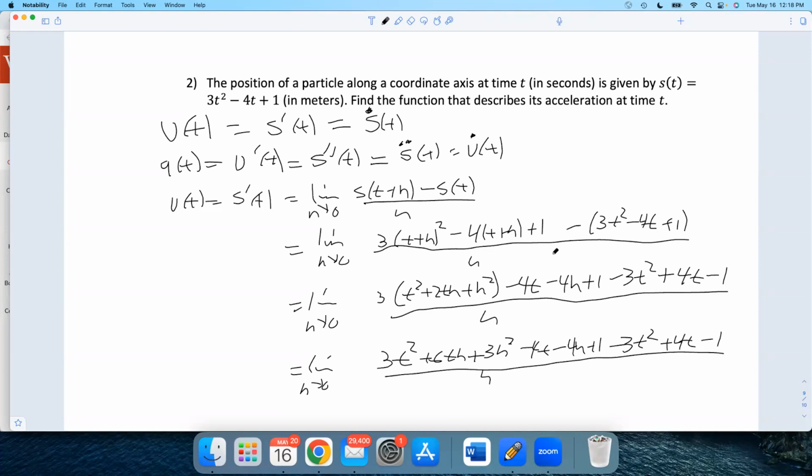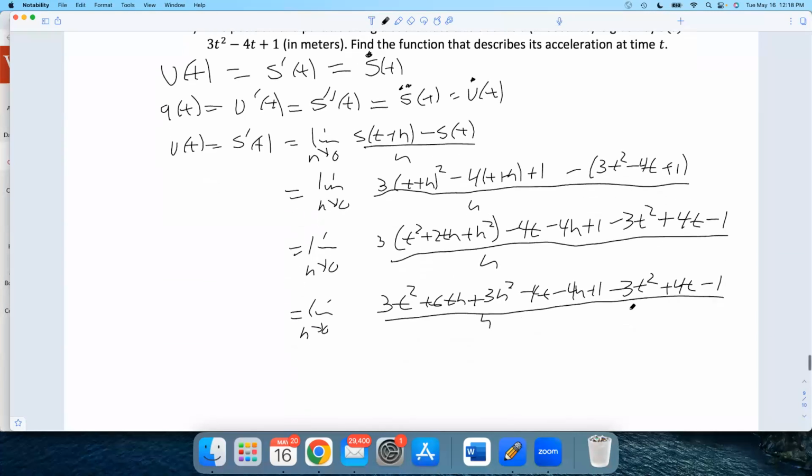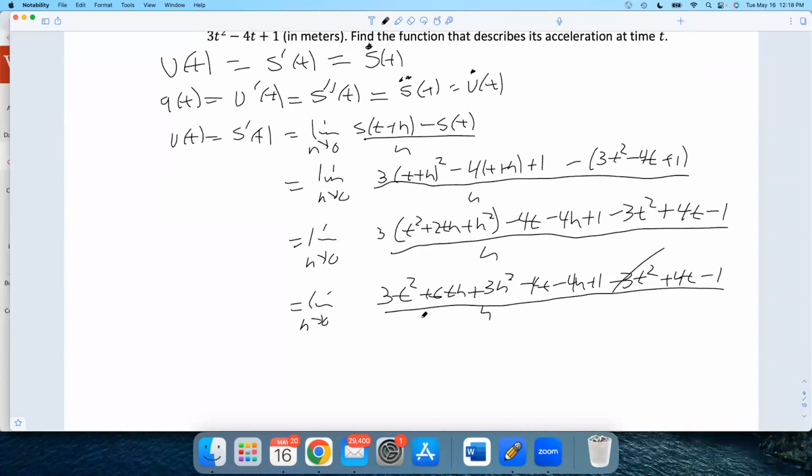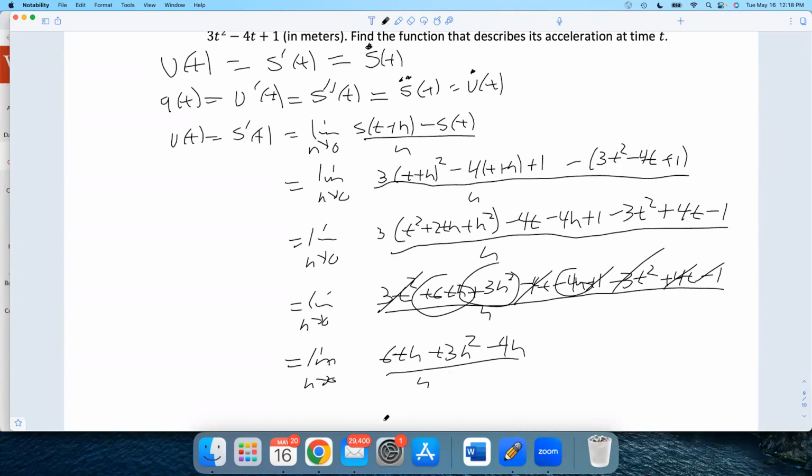Everything after that minus sign right there should cancel out if you got a polynomial every single time. 3t, negative 3t, negative 4t, positive 4t, plus 1, minus 1. Everything that's left on top should have an h in it. If something's left that doesn't have an h in it, you've done goofed. So I got that guy, and that guy left, all over h.